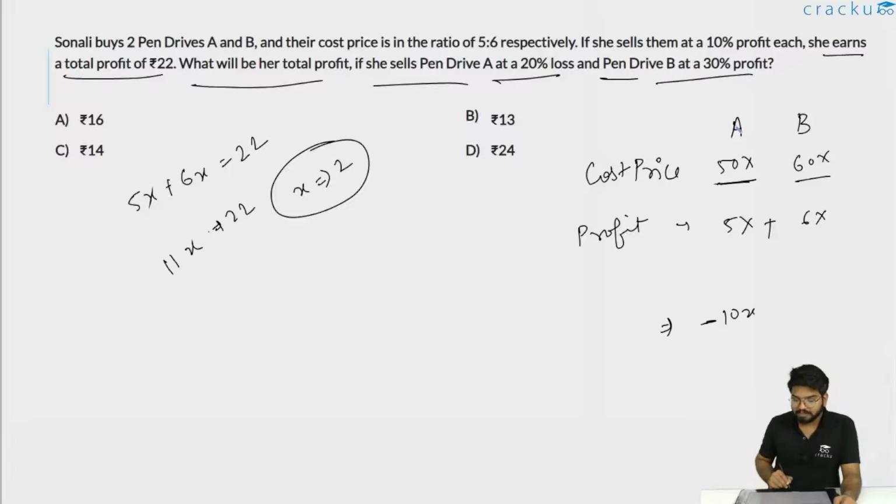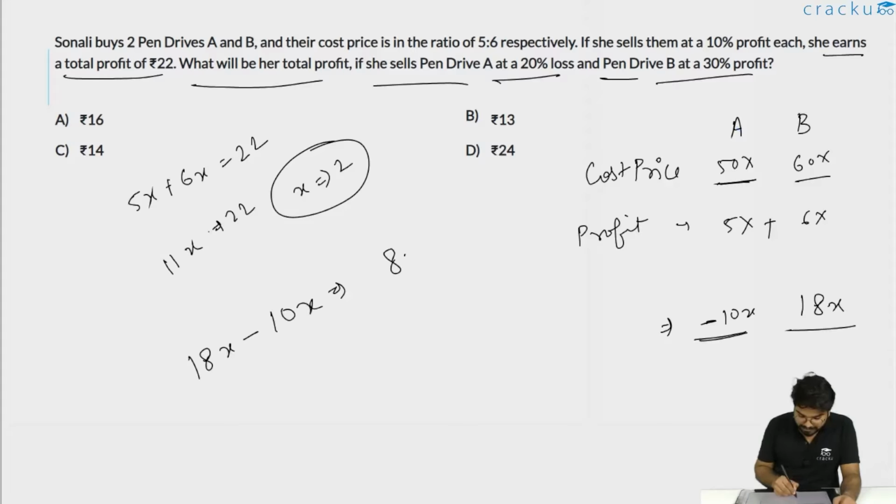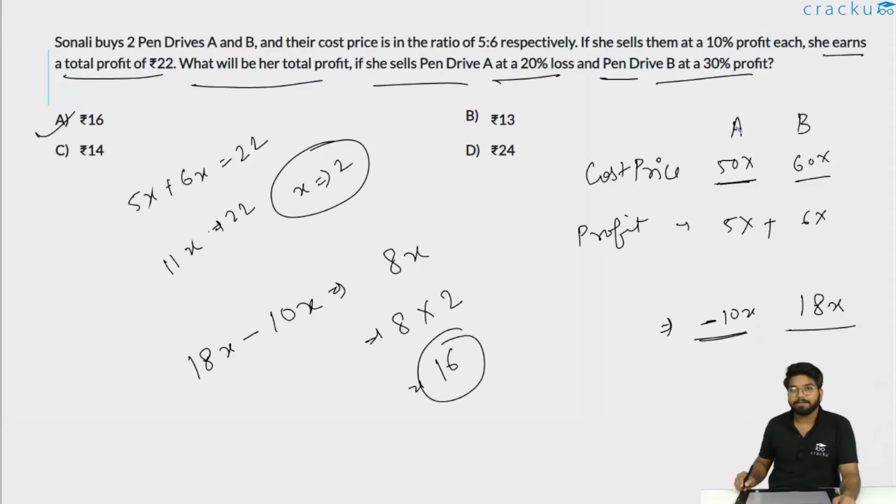And pen drive B at a profit of 30%. 10% of 60x is 6x, so 30% of 60x will be 18x. Now we are asked what will be the profit. Profit will be 18x minus, we will remove this loss also, that is 10x. So total net profit will be 8x. We know the value of x, x is equal to 2. So the total profit in this case will be rupees 16, that is option A.